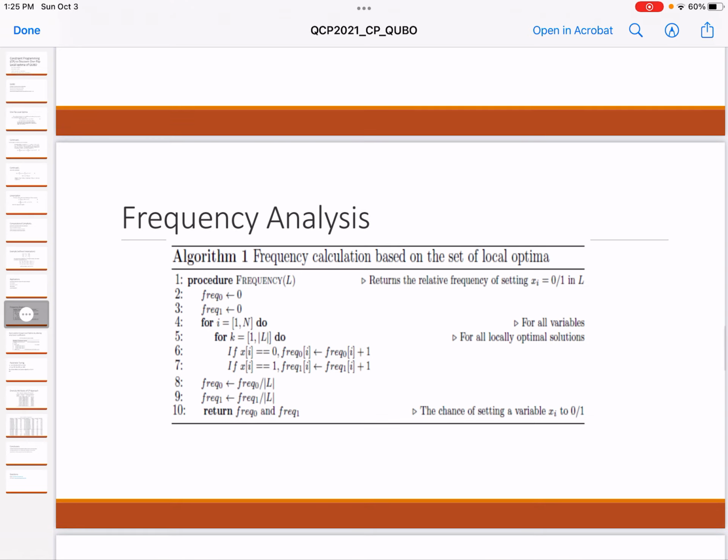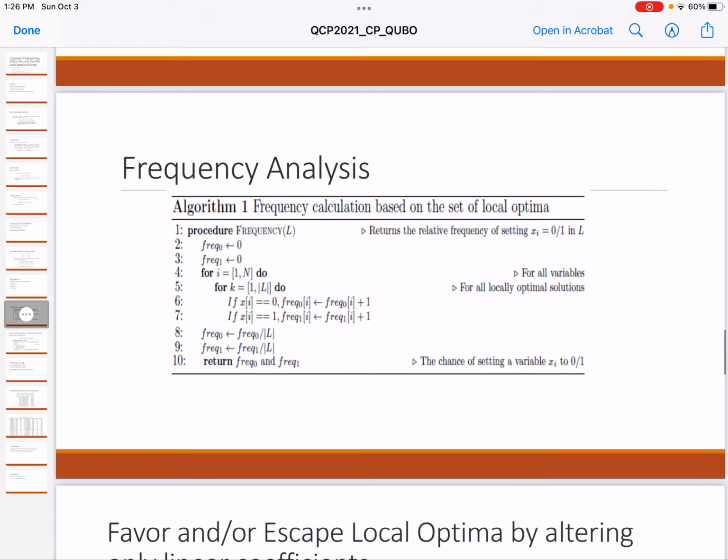So let's say that out of these 10 one flip local optima, x1 was always set to 1. In that case, frac 0 for x1 is 0 and frac 1 for x1 is 1, because there's a 100% chance that that variable was set to 1. And again, we can use that for estimation. We can run data analytics models based on this frequency setup.